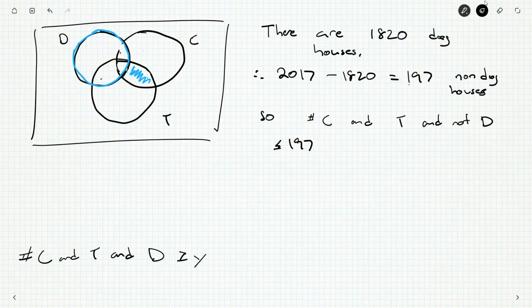So these two values added up give me the whole of cat and turtle intersection. Okay, so problem is one of them is a less than or equal. One of them is a greater than or equal. So, is there a way I can talk about the max number of cat and turtle houses? Period.